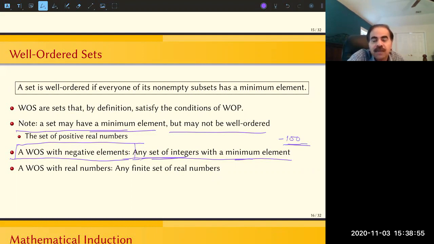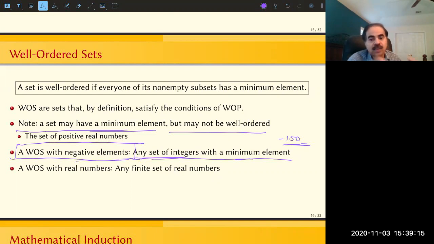If I remove the minimum element from the set, then the next element in that enumeration will be the next minimum. So any set of integers, even if it has negative elements, is well ordered, provided the set has a minimum element to start with.